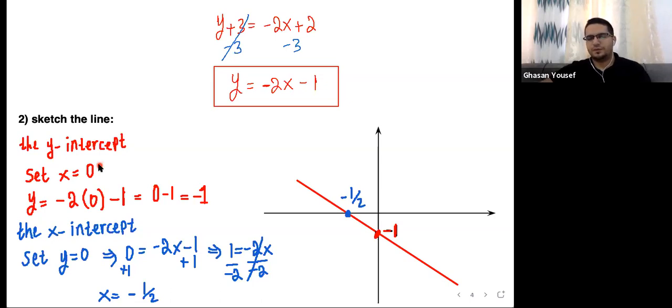To find this, we find the y-intercept and also the x-intercept. To find the y-intercept, we set x equals 0 and solve for y. Then to find the x-intercept, we set y equals 0 and solve for x. We found the x-intercept, the blue point, and the y-intercept, the red one.